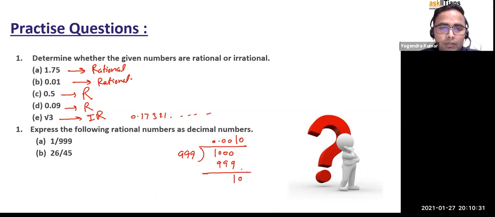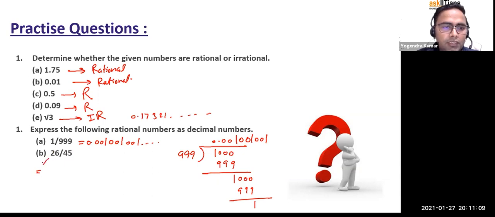We need to add zeros here, and then again make it in this form. Then 1 0 because of the point, then 2 more zeros, then again it will go one time, like this. So again 1, then 2 zeros again. So this is going to give us 0.001001001, a non-terminating recurring form.